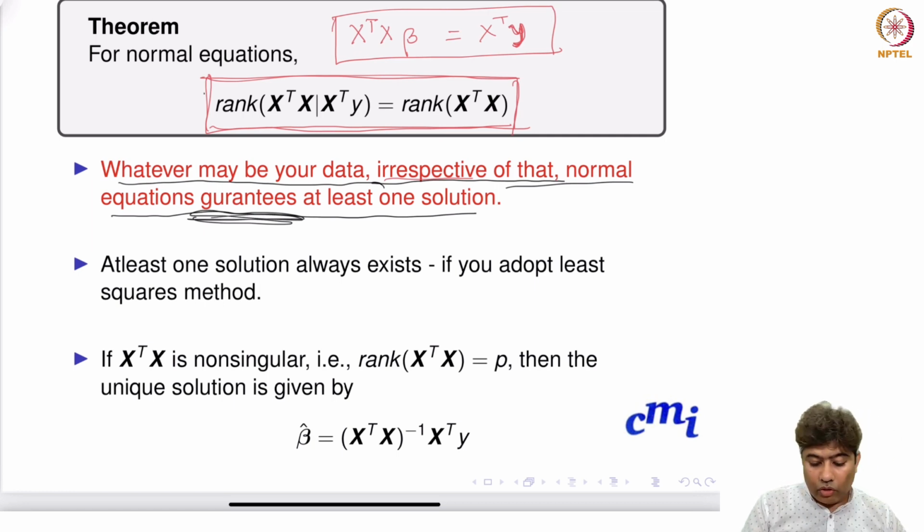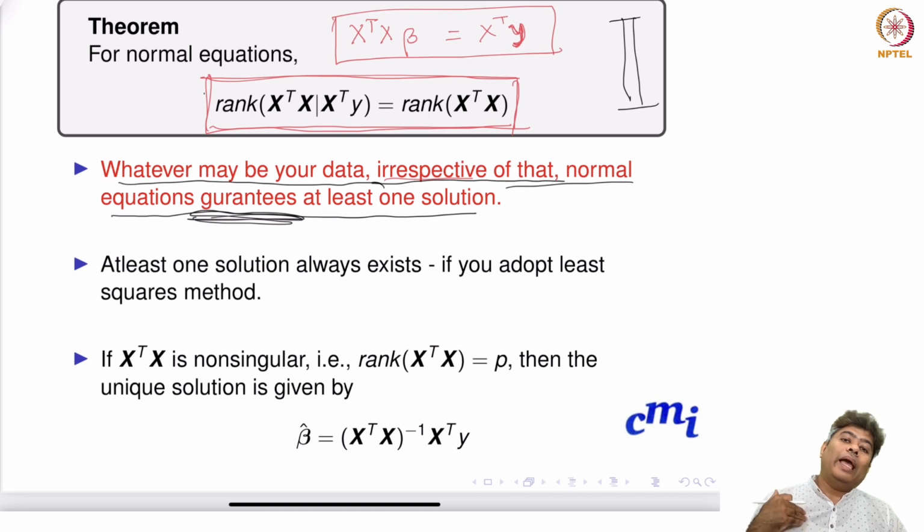I am not going into the proof of the theorem. I am leaving it for you to figure it out. It is very simple to prove this theorem. But what I am going to do is explain the implication of this theorem.